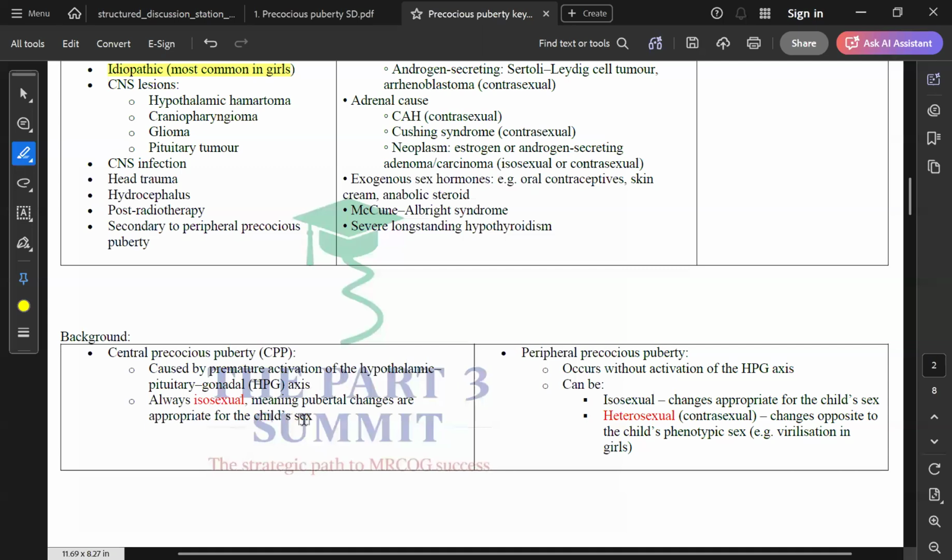The child is a girl, so the development is going to be along the lines of female. That is how central precocious puberty develops. Peripheral precocious puberty can be both, it could be heterosexual. So this is how you have to frame your answer. This is one point which is usually missed.